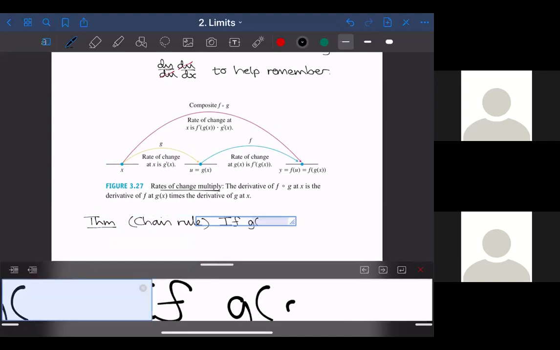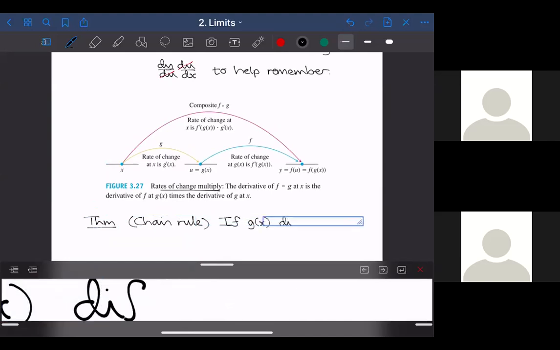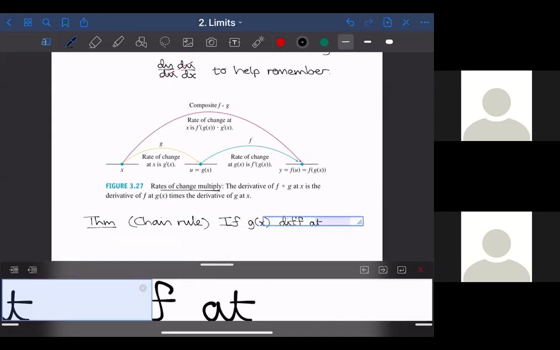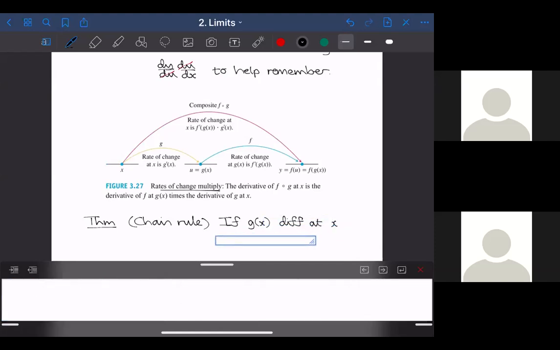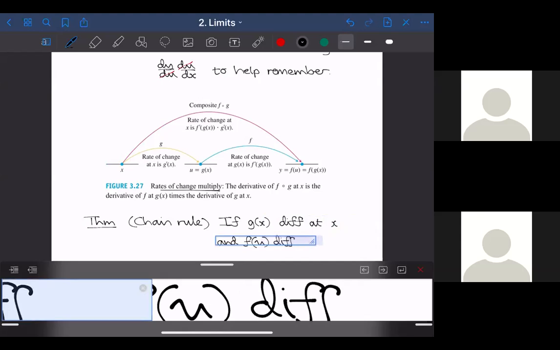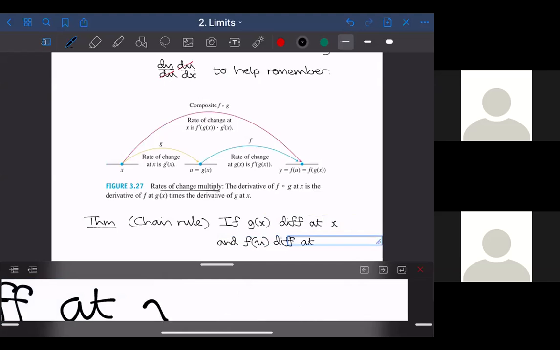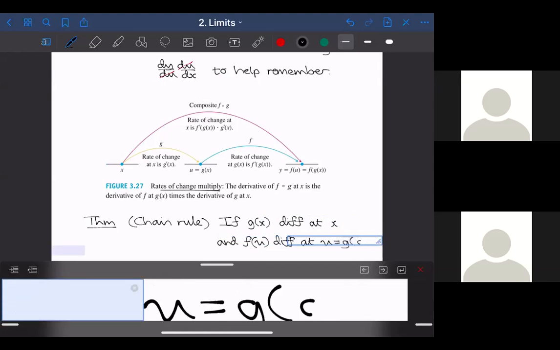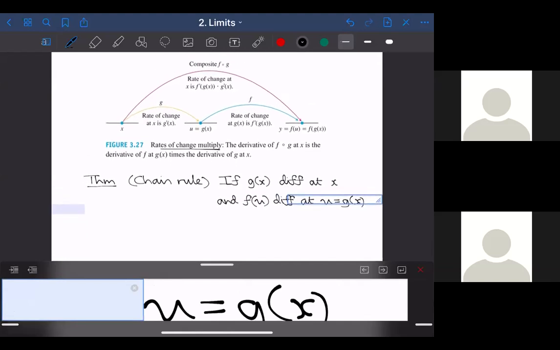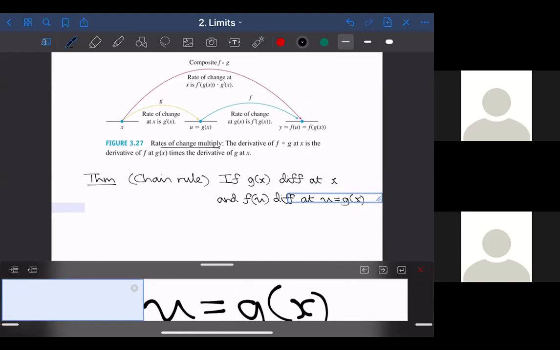So if g of x is differentiable at x, and another function f of u is differentiable at u equals g of x. So just like in the picture above, we've got x going to g of x, and then another function acts on it. So we want that function f to be differentiable at u equals g of x.